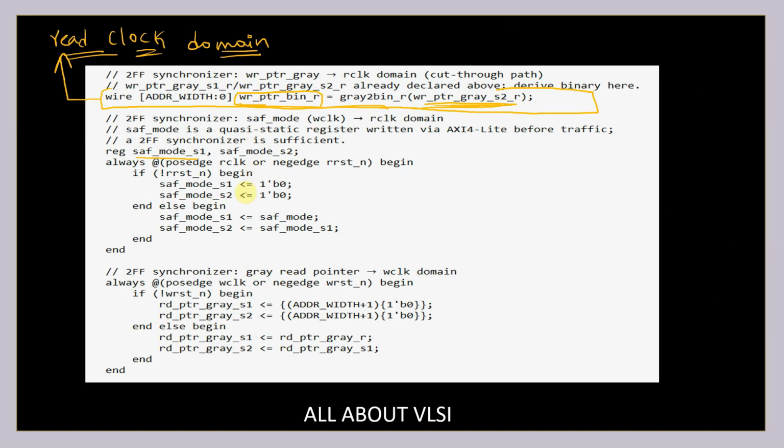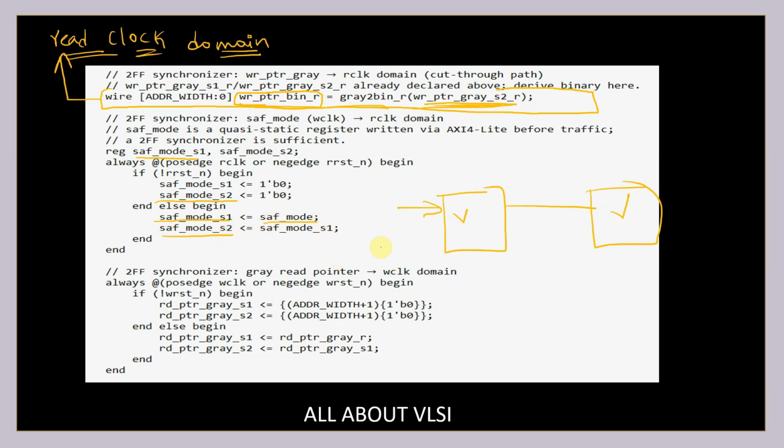Again, I'm using the 2D flip-flop synchronizer over here. SF_mode_S1 is the first D flip-flop output, and the second D flip-flop output is SF_mode_S2. You can see SF_mode is being given over here, and I'm going to get SF_mode_S1 from the first D flip-flop, and from the second D flip-flop I'm going to get SF_mode_S2.